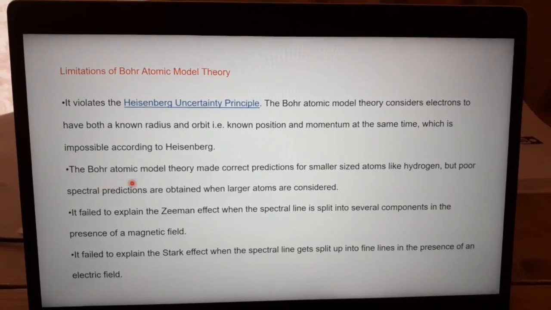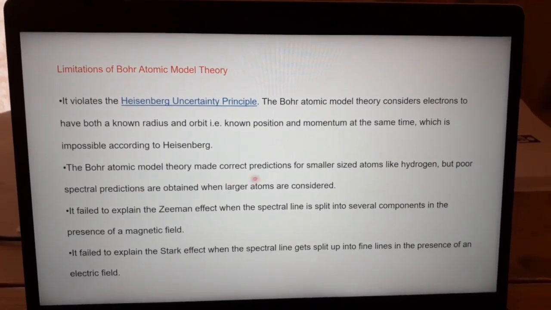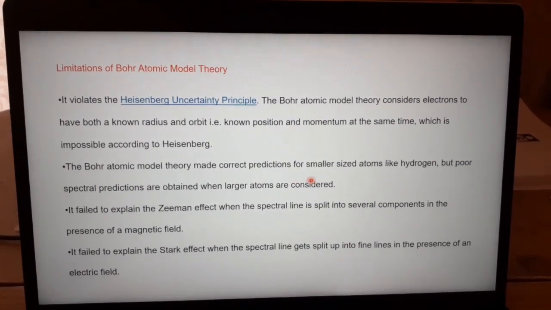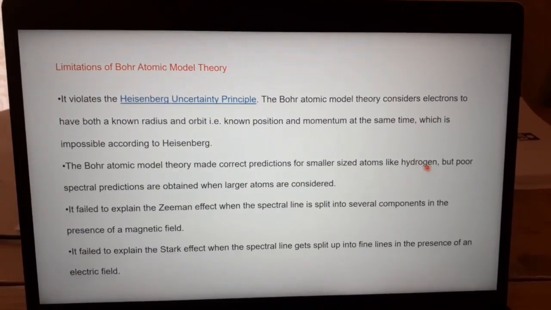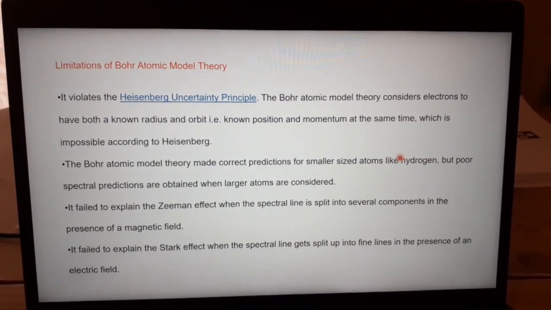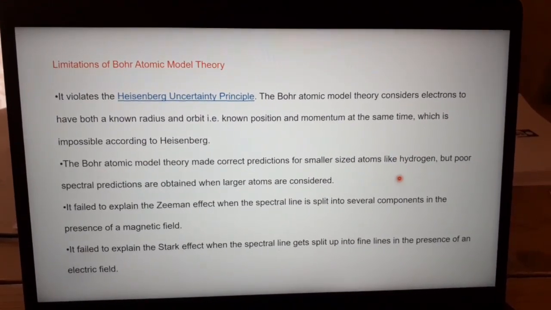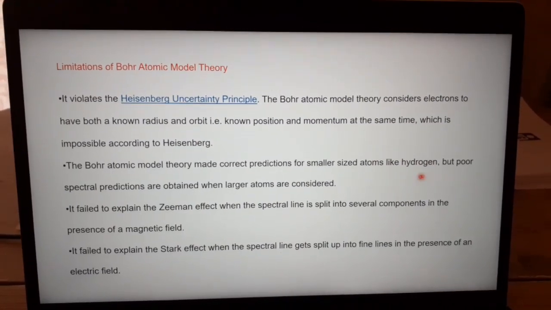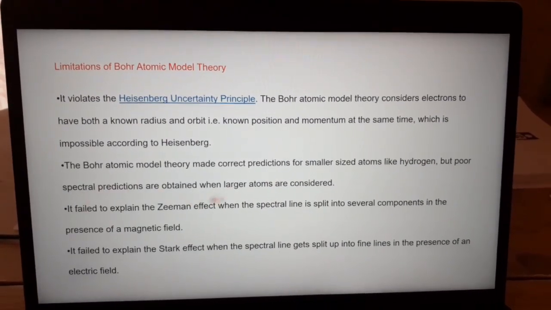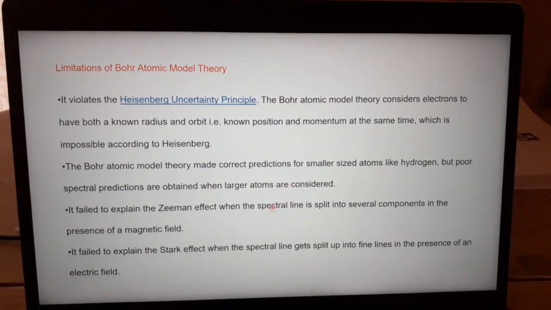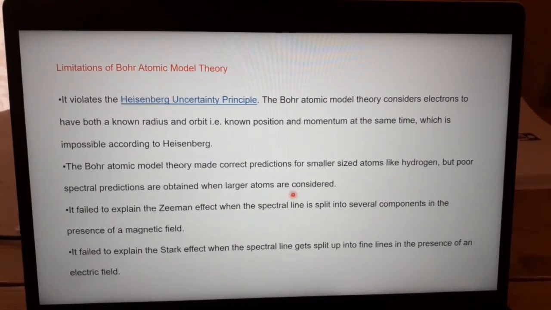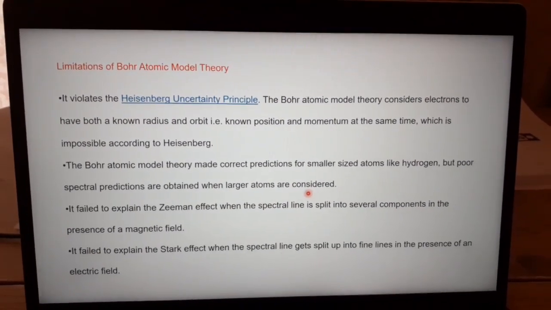Next, Bohr's atomic model theory made predictions only for smaller atoms, basically the hydrogen atom. So Bohr's theory only gives an idea for the hydrogen atom, but for other kinds of atoms, like larger atoms, it cannot predict. So what does it mean?